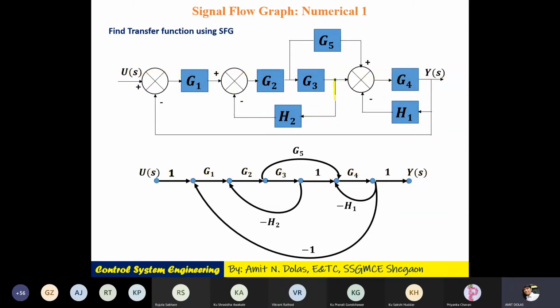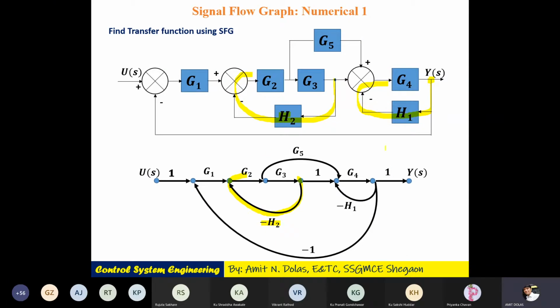After G3 there is one loop going into G2. G2 is here. And the feedback factor, or gain, of that loop is minus H2. There is one more loop after G4, named H1, going into G4.